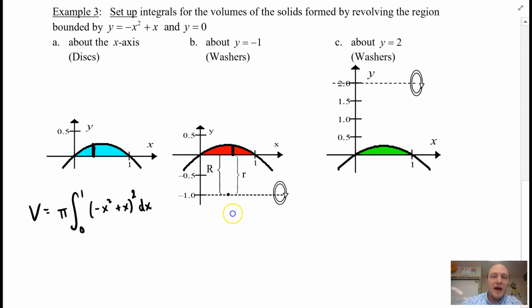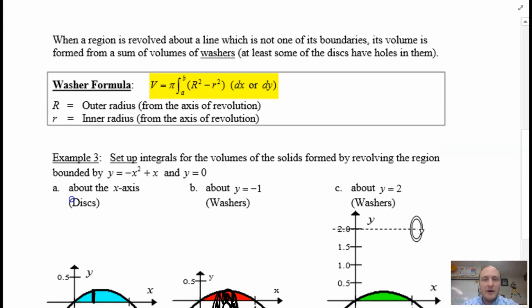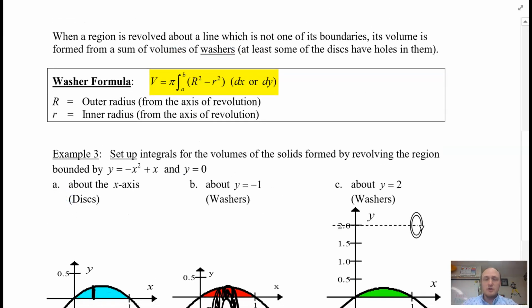So how do I calculate the volume utilizing the washer method? Here it is. The volume is equal to pi r squared. Well, to get your radius, you have to take the big R squared and subtract the little r squared. And again, it's dx or dy depending upon what we're rotating about.